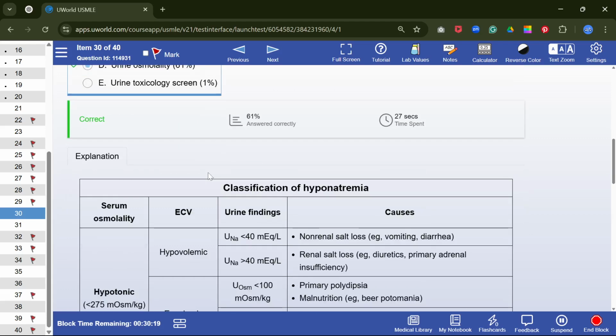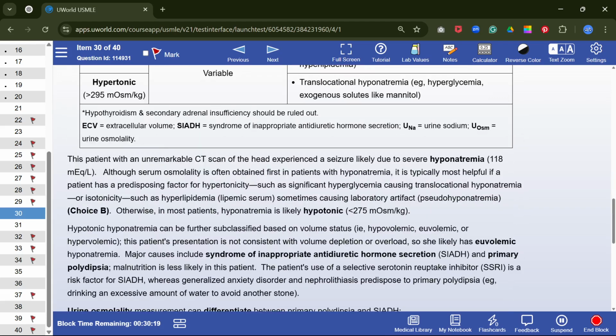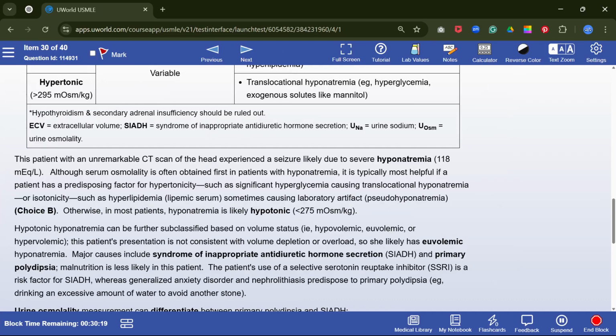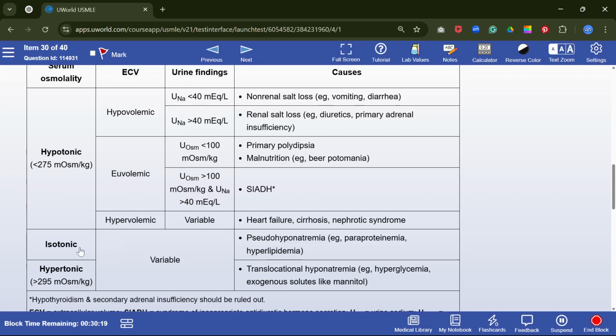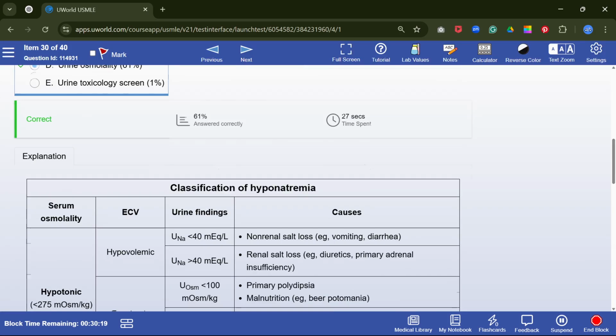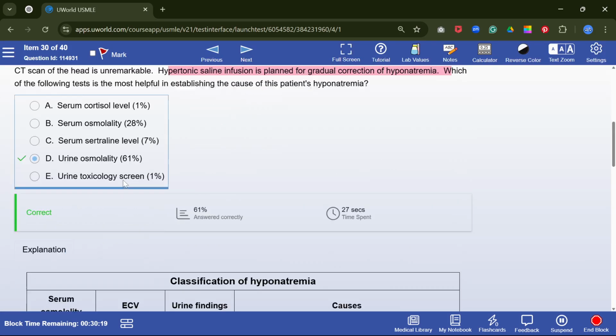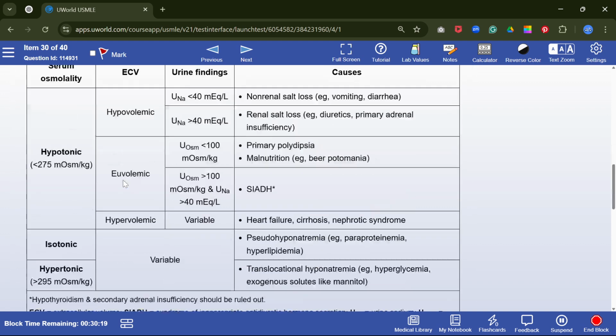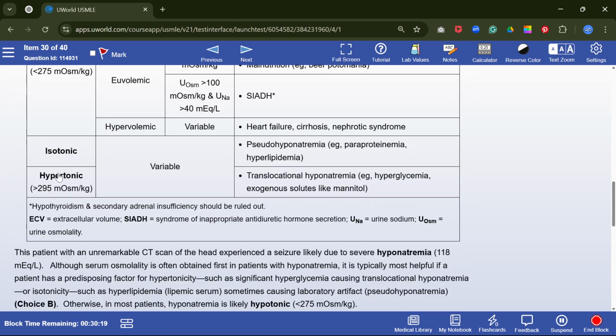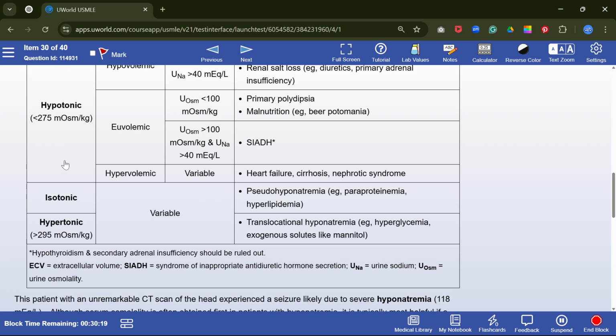So this patient with an unremarkable CT scan of the head experienced a seizure likely due to hyponatremia. In hyponatremia there is isotonic, hypertonic, or hypotonic, depending on serum osmolarity. If serum osmolarity is less than 290 or less than 275, it is hypotonic.